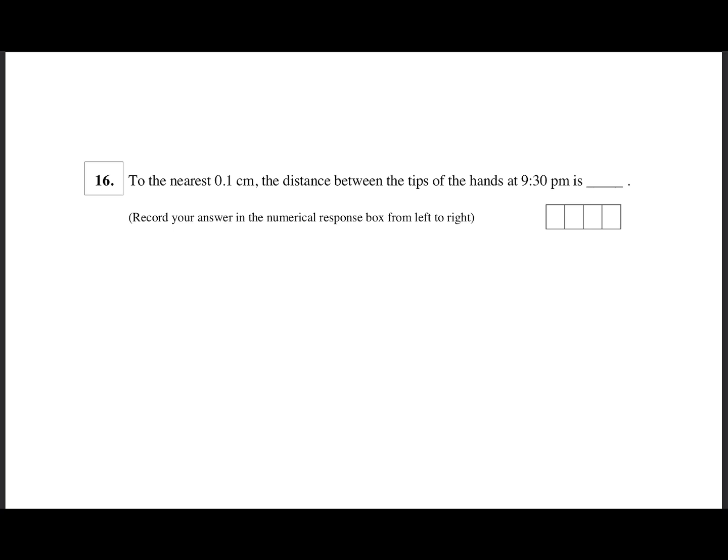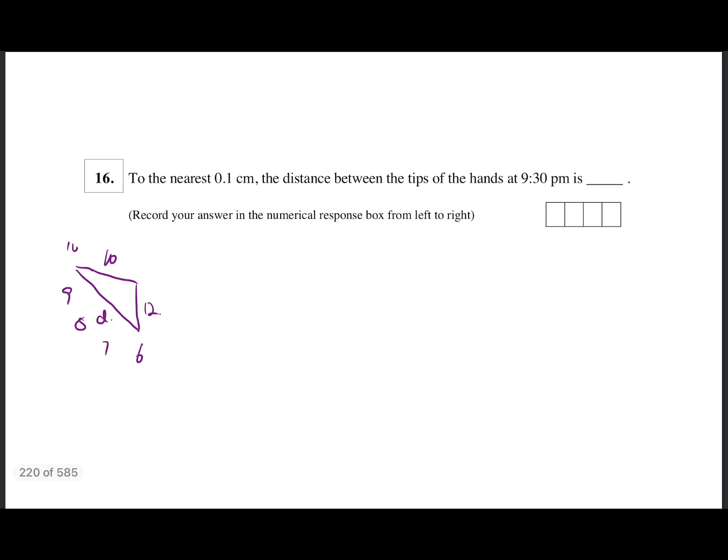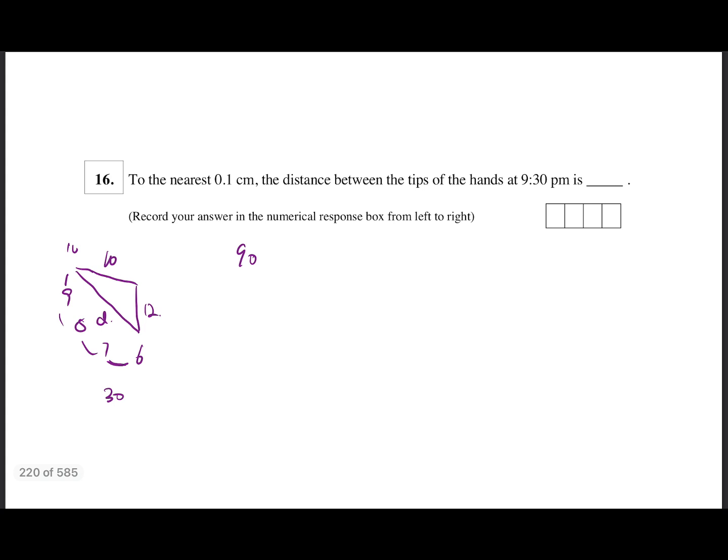For this one, we need to find the distance between the tips of the hands at 9:30 p.m. The minute hand is at 6 and the hour hand is between 9 and 10, so it's in the middle. Each gap is 30 degrees, so it's 90 degrees, and because it's 30 minutes, the hour hand has moved half, which is 15 degrees, so it's 105 degrees.